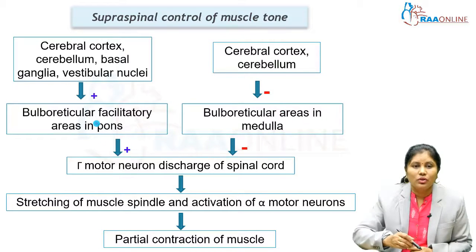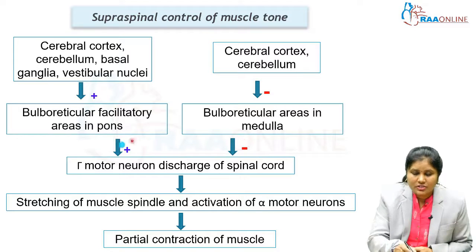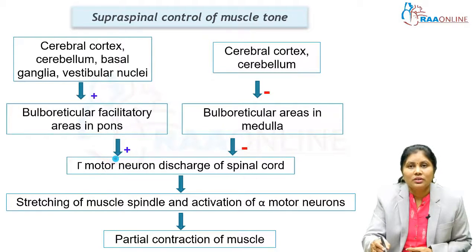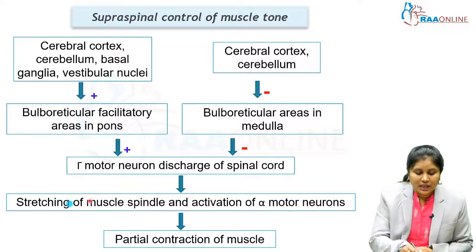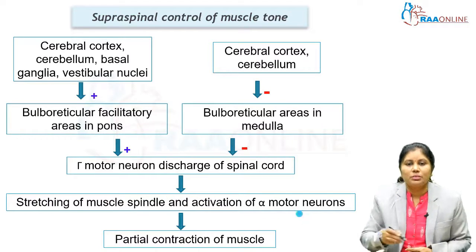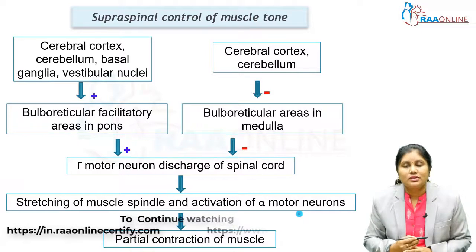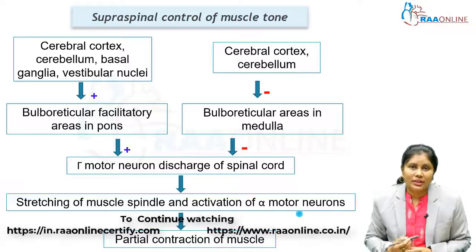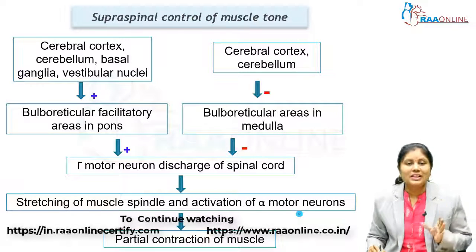In the pons we have the bulboreticular facilitatory area, which has the opposite effect. So, pontine reticular formation stimulates the gamma motor neuron, medullary reticular formation inhibits the gamma motor neuron, and that will influence the stretching of the muscle spindle and further activation of the alpha motor neuron that causes the muscle to contract. That is the maintaining of the tone. Okay. So what happens? What are the facilitatory areas?